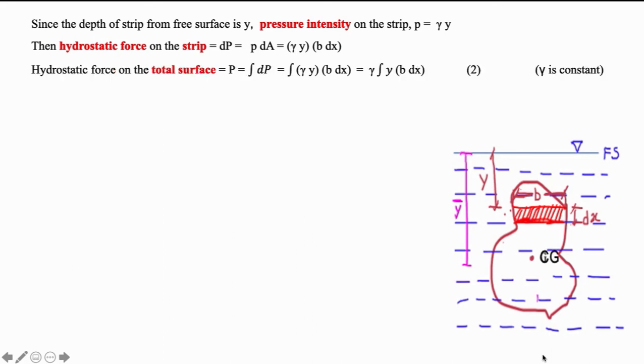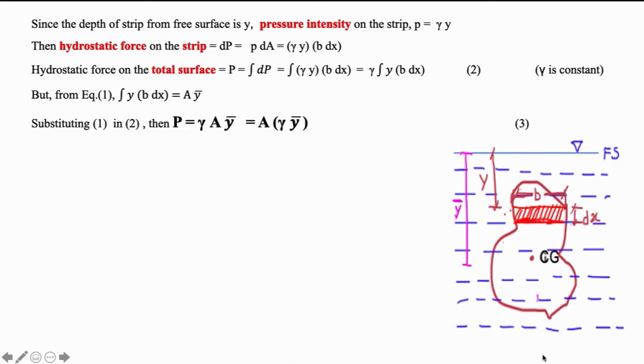The hydrostatic force on the total surface is capital P, equal to the integral of dP, equal to the integral of gamma y into b dx. As gamma is constant, the expression becomes gamma into the integral of y into b dx. But from equation 1, the integral of y into b dx is equal to A y bar.